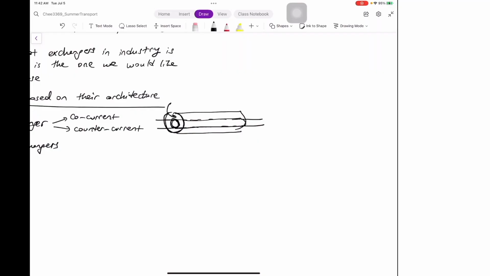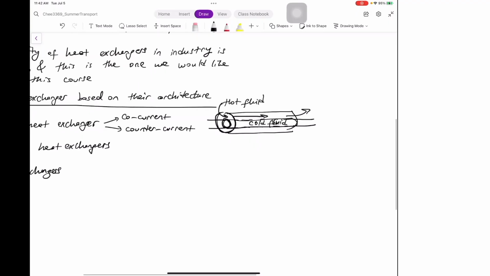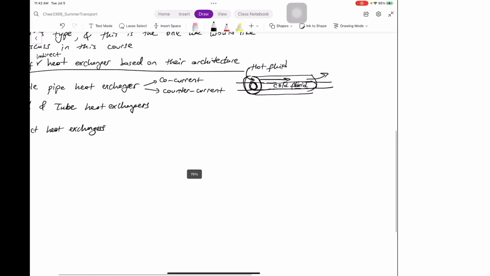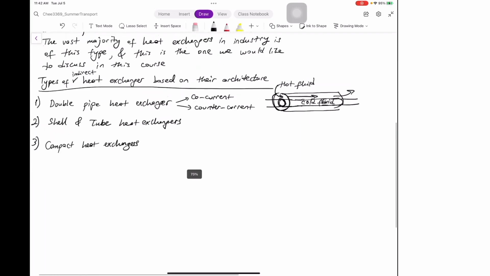For example, you have the hot fluid in this region, and you have the cold fluid here. Both of them are flowing, but depending on which way they flow with respect to each other, they can be co-current or counter-current. You basically have two pipes, one inside the other.